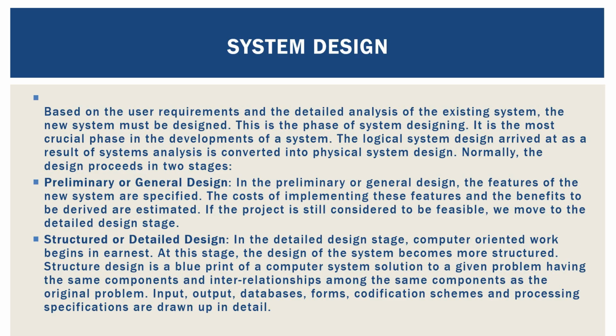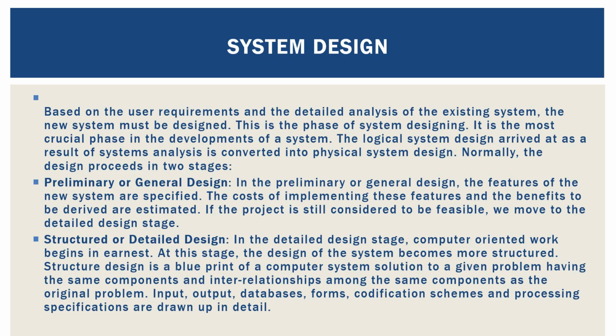Now we are fully satisfied that this is the system we want, so we come out with our input forms and output forms. We need to understand our entities and their relationships, we design our databases, and then we come up with codification schemes and processing specifications.